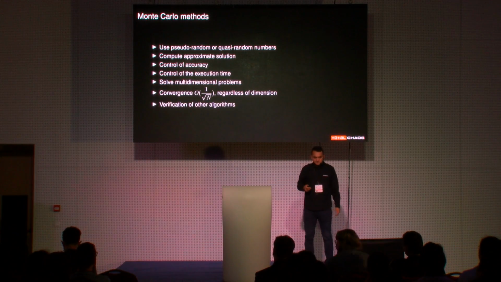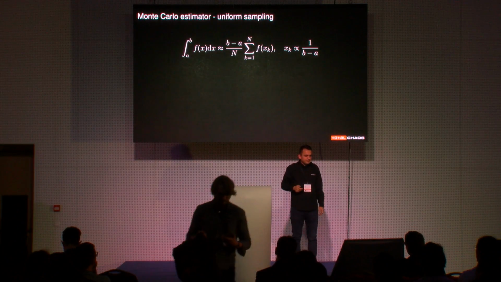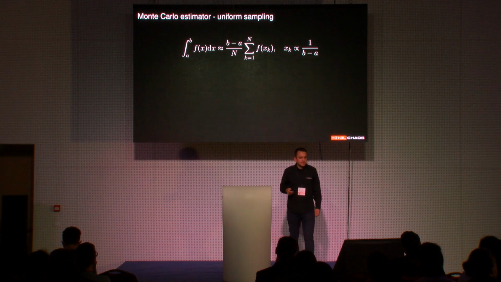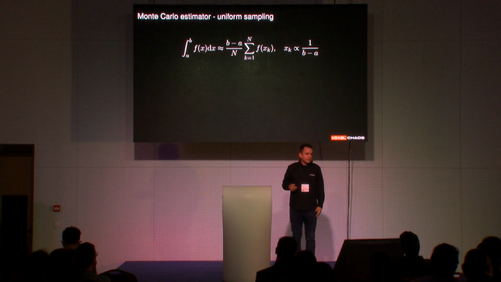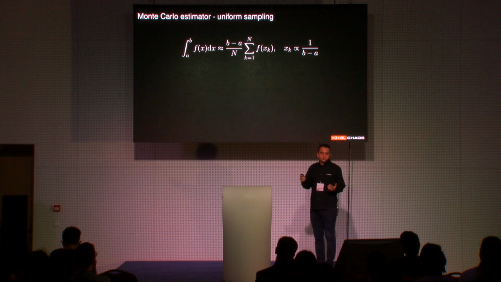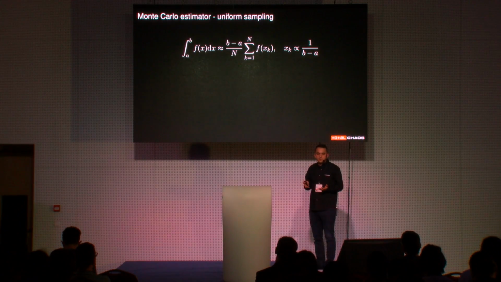And yeah, I want to show you here the basic Monte Carlo estimator. We have an integral of the function f(x) in the interval a to b, and we would like to compute this integral. So we just compute the function at some points inside the domain.